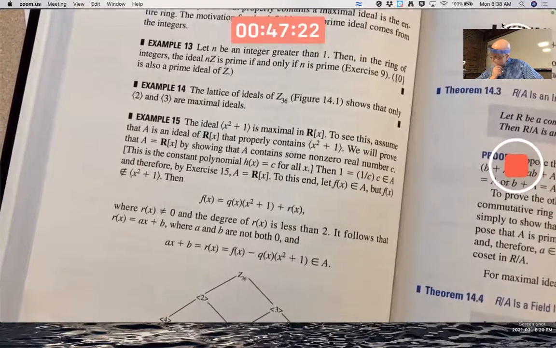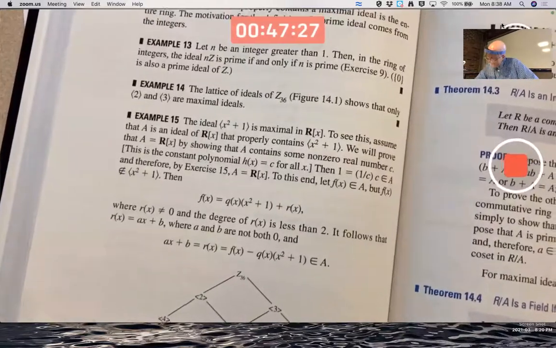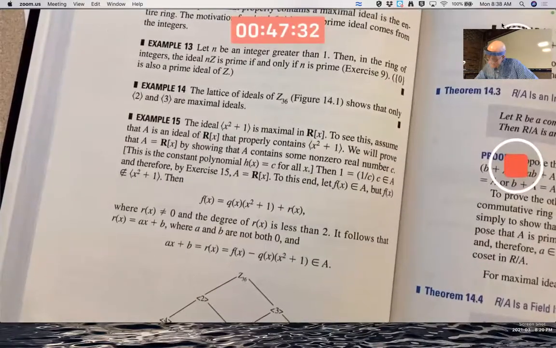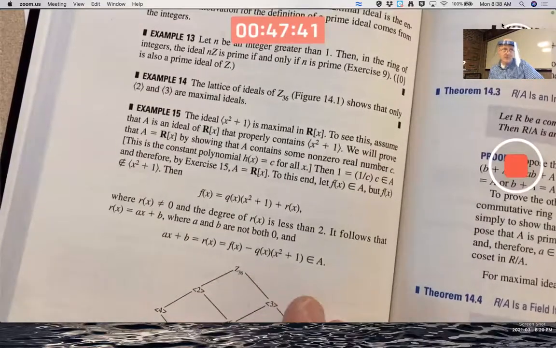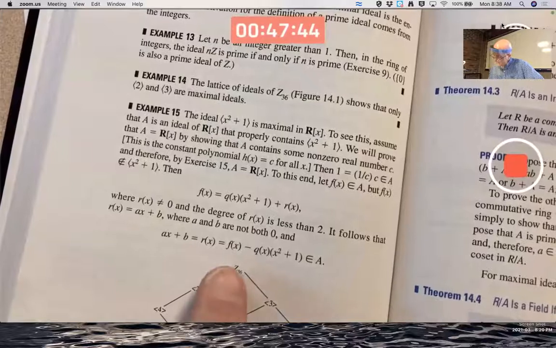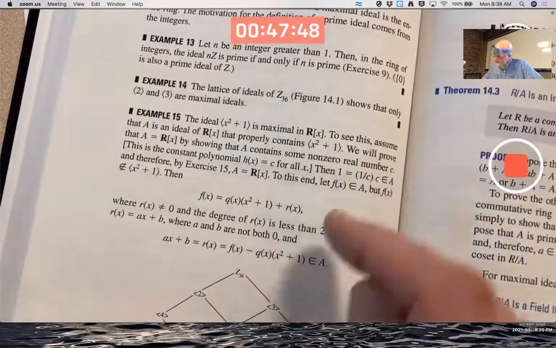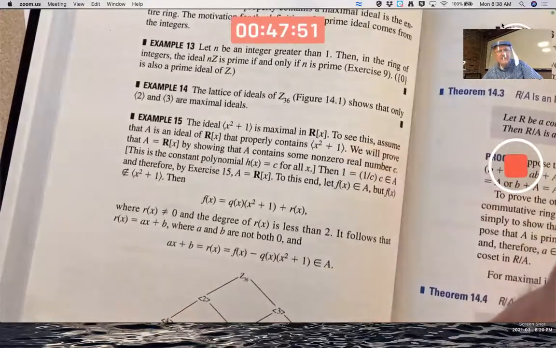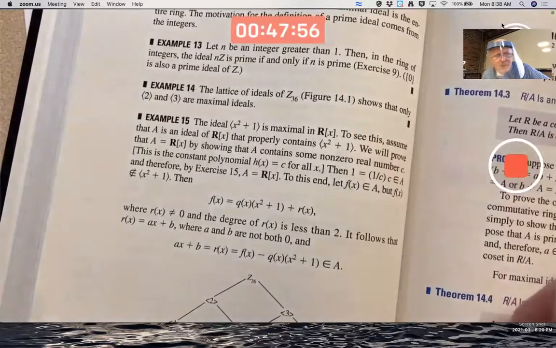I thought about this before class, and I was satisfied that I understood it, but now I feel confused. Certainly, if both of these were in A, then their difference would be in A. It would be closed under subtraction. And certainly f of x is in A. But why is that one in A when A is not equal to the ideal generated by x squared plus 1? So I'm confused.